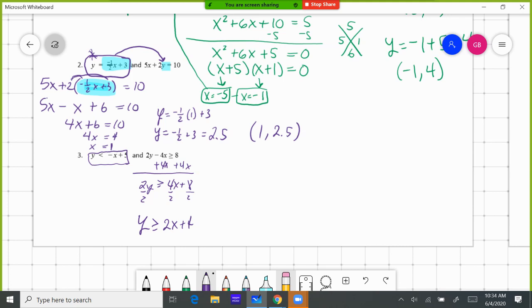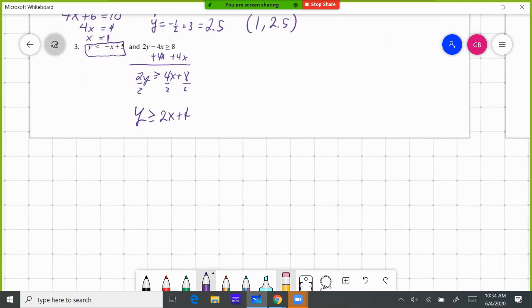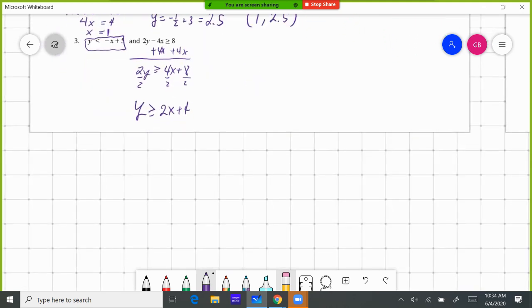So now you could actually graph these. So use this graph paper down here. And then 1, 2, 3, 4.